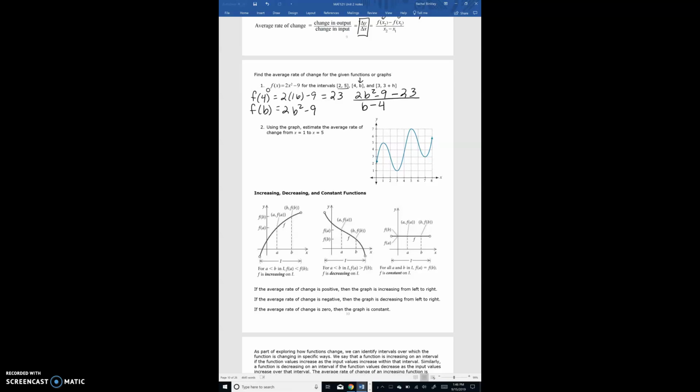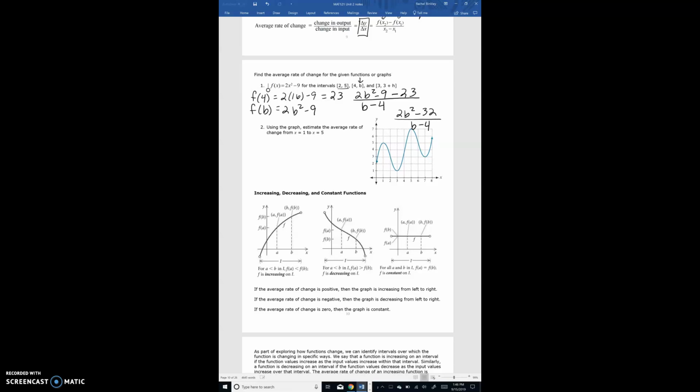And then it's just a matter of, do we need to simplify this? Well, we can. The numerator could be 2b squared minus 9 minus 23. So if I add those, I get negative 32 on the numerator over, and then on the denominator, I just have b minus 4.